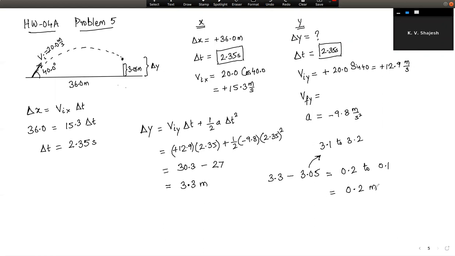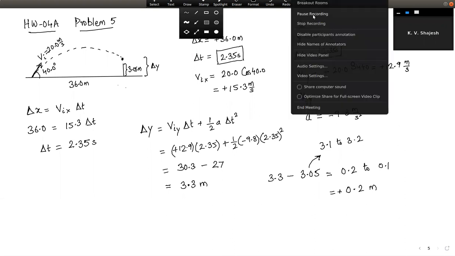It could be 0.1 also. Whenever we say 0.1, it's understood that it is plus or minus 1. So it does clear. By how much does the ball clear or fall short of clearing the crossbar? It is plus 0.2 meters. It's a little sensitive at the end point, but it does clear within the error bar. So let me pause my recording here.